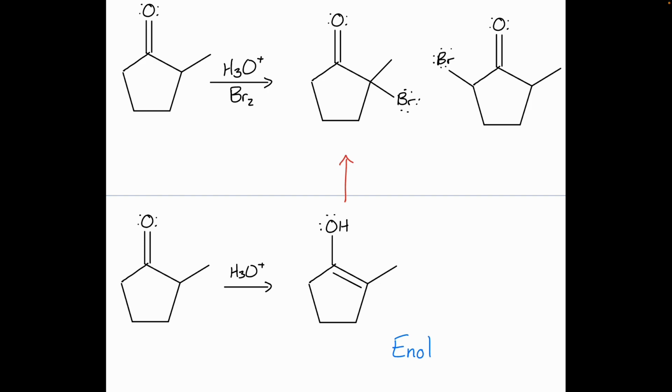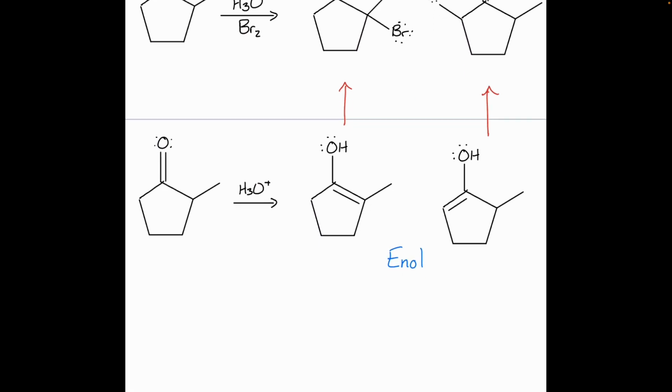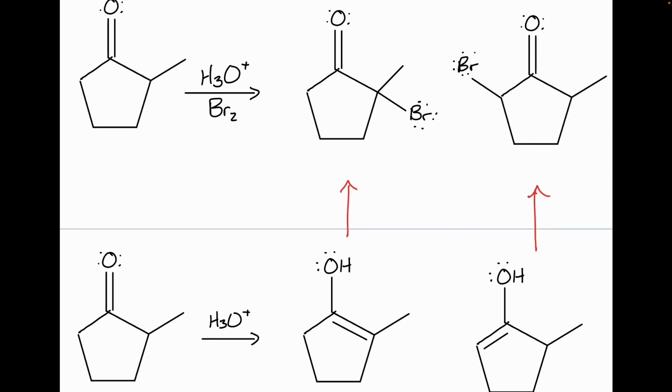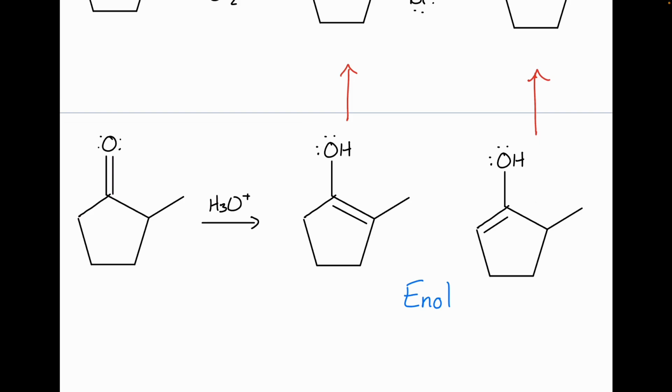Or we could have our double bond form on the other side, and that would lead to our other product. Okay, so looking at these two enols here, these are what would give us our two different products. Which one do we think is the more stable of the two enols?